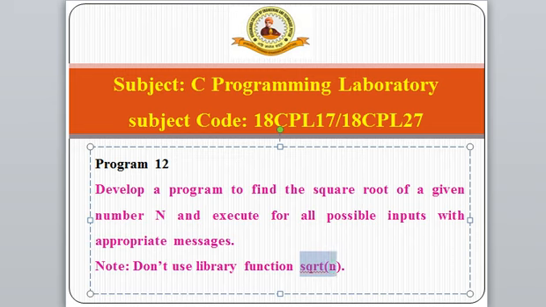In C programming language, it is possible to compute the square root of a given number using a sqrt function. Likewise, it is also possible to find the square root of a given number by means of the pow function. When we use these two functions, the program becomes very simple, and we have to avoid them. So that is the problem statement.